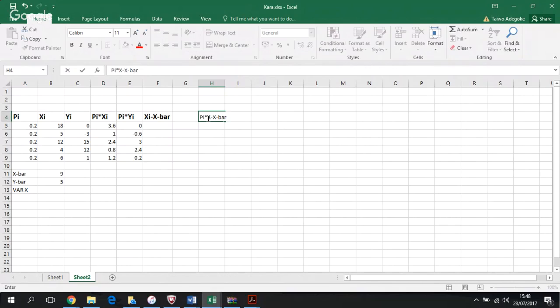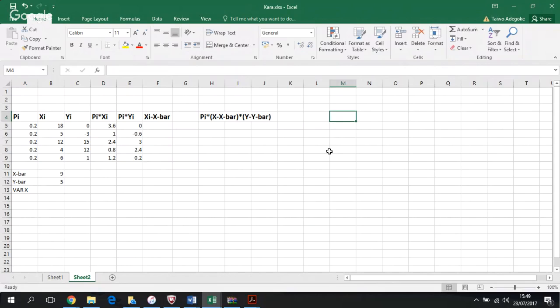It resembles a bit of variance, but it's not. It's a covariance, so it doesn't have a square. Just telling you that it looks like variance. Multiplied by Y minus Y bar. This is the formula for covariance when you are given a distribution that has probabilities attached to it.